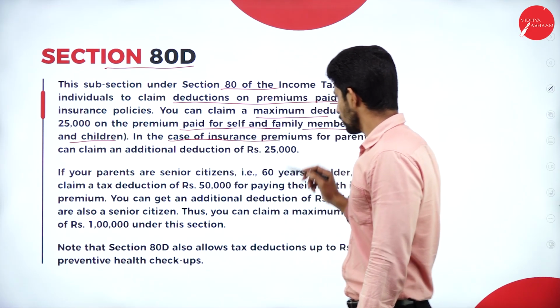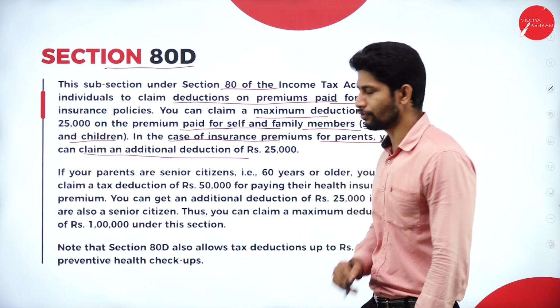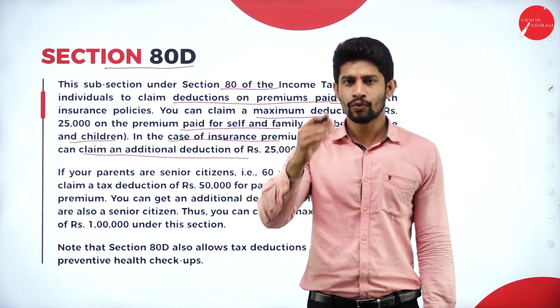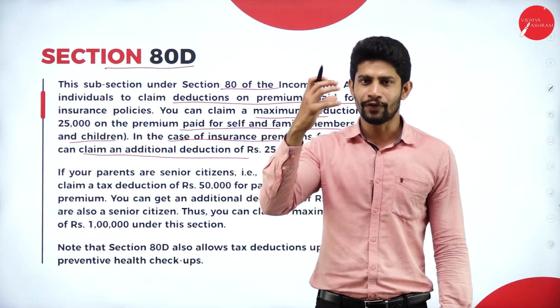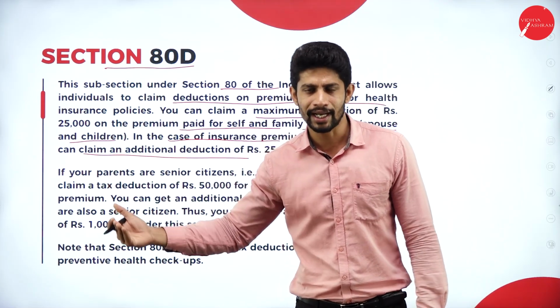In case of insurance premium for parents, you can claim an additional deduction of 25,000. For you, your spouse and your children you can claim 25,000, and if you are taking health insurance for your parents, you can claim an extra 25,000.